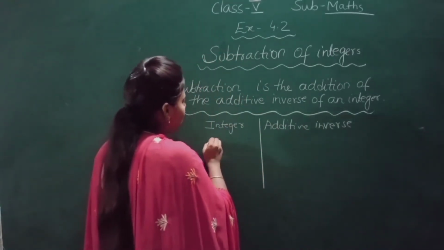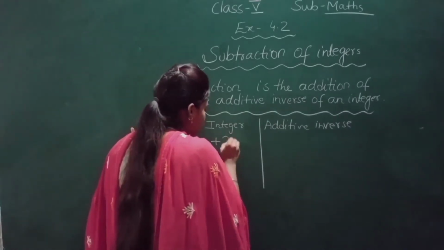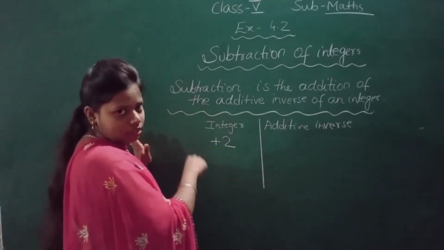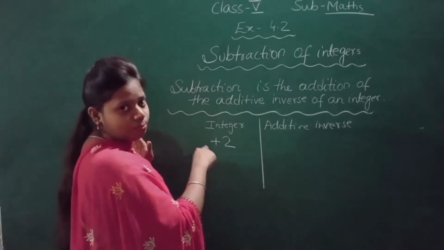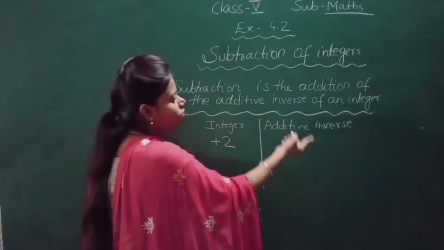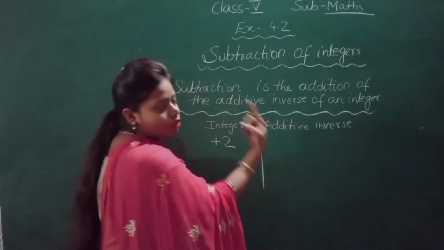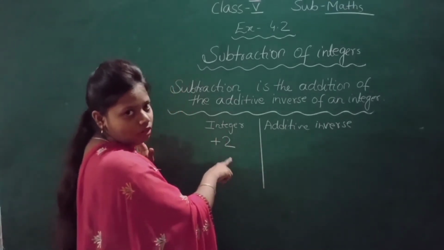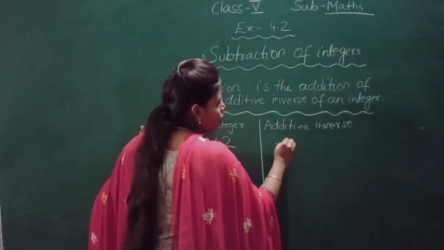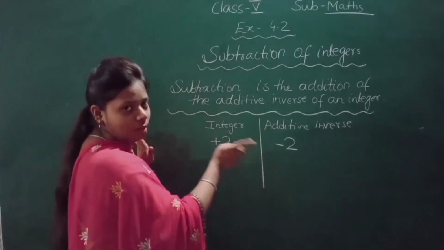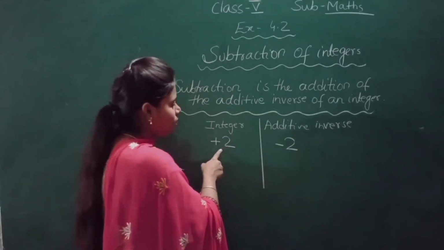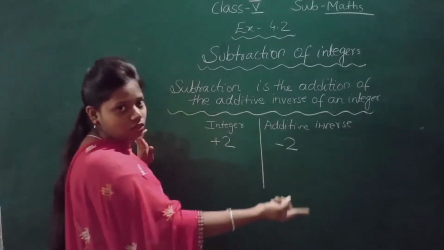So I am taking plus 2. I have taken a positive integer, plus 2, and what will be the additive inverse? The opposite of the integer. So this is plus 2, what will it become? Minus 2. Opposite means the sign will change. The number will be the same, the sign will change. It was plus 2, now it has become minus 2.